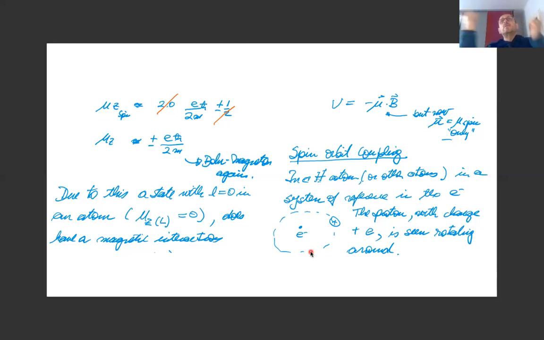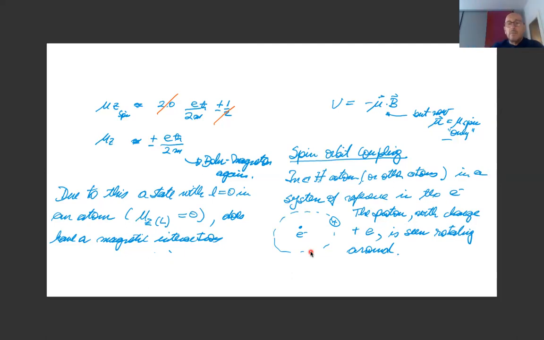So the intrinsic magnetic moment of the electron will interact with the orbital magnetic moment, because the actual trajectory of the proton around the electron is proportional to the magnetic moment of the electron.